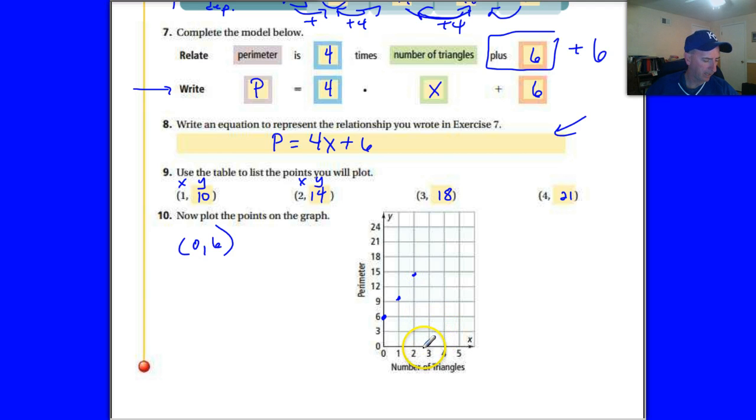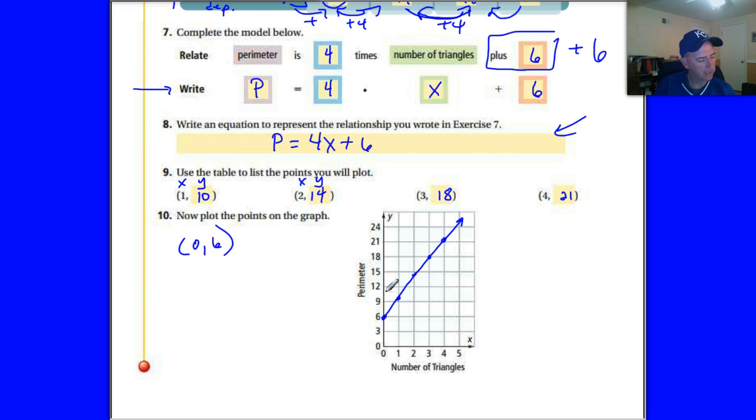At 3 we had 18, and at 4 we had 22, which is just over that right there. And I don't have a straight edge with me, but if you take a straight edge, you could see that that makes a straight line right there, and that's what we call a linear equation.